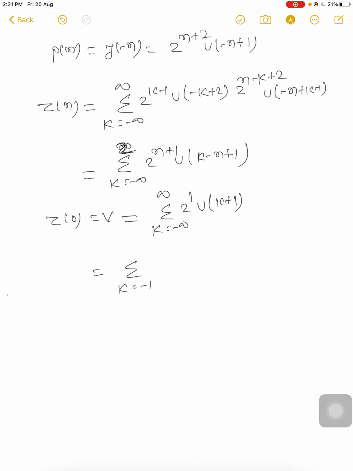After summation, k will be defined from -1 to 2, with the 2 outside u[k+1], and it will be 2 times (1+1+1+1), and it will be 8. That is the answer.